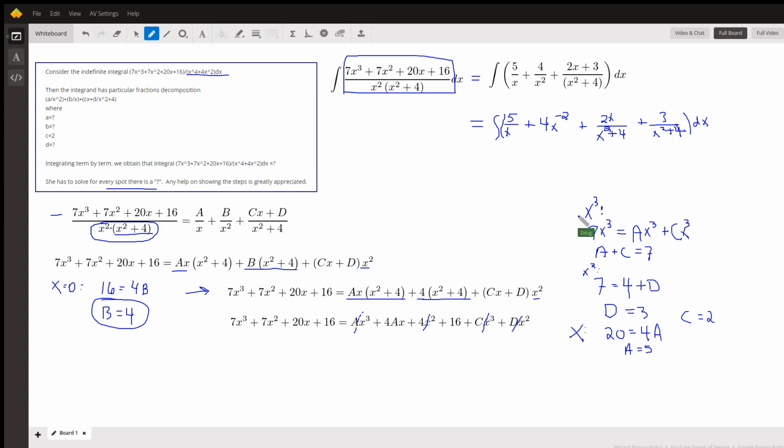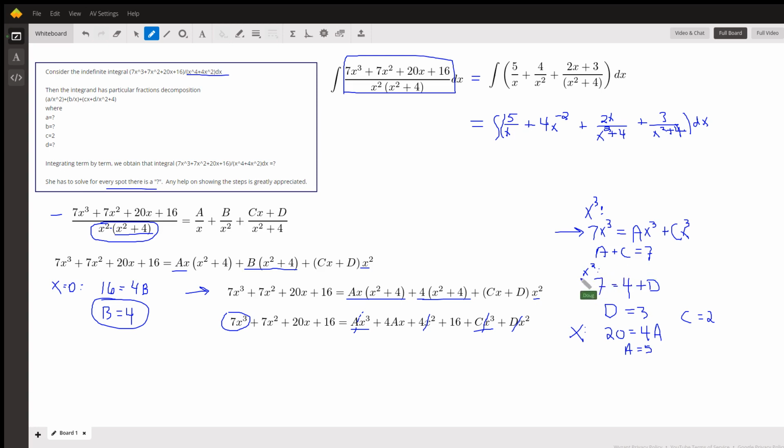So for x cubed, on the left, I've got 7x cubed. On the right, if I search for terms containing x cubed, I've got an Ax cubed and a Cx cubed. So you can picture it like this if you want, but then if you divide every term by x cubed, you get A plus C equals 7.